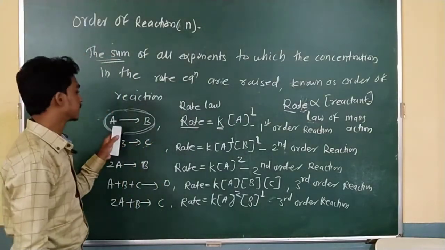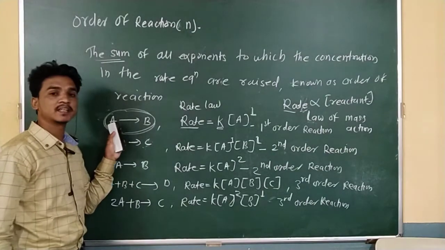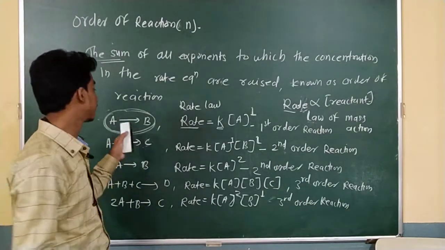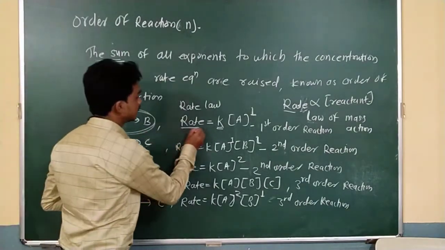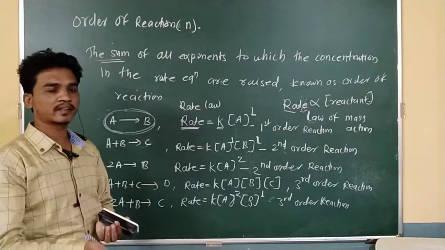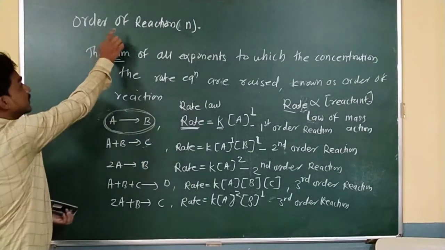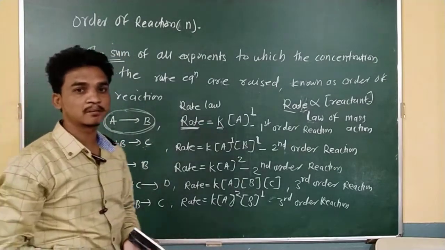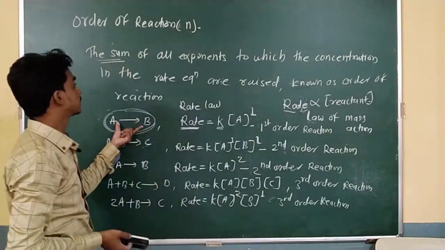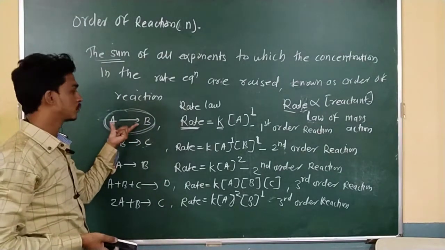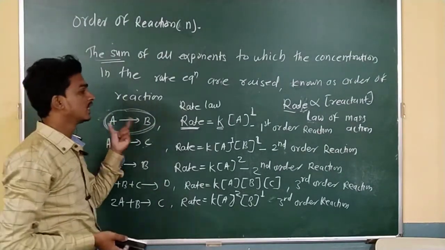You have to perform an experiment on these chemical reactions in the laboratory. On that basis, you have to check whether this rate law changes or not. And so the order of reaction is an experimental property. You can check it experimentally, or you can determine it from the experimental data.